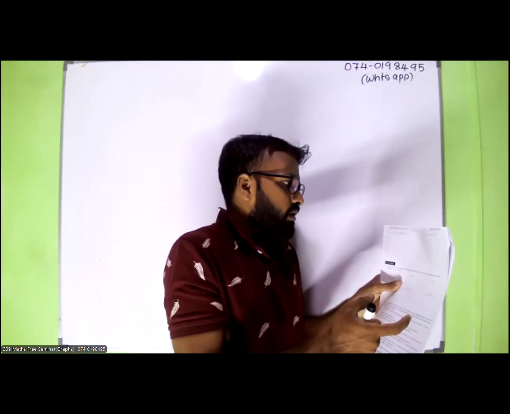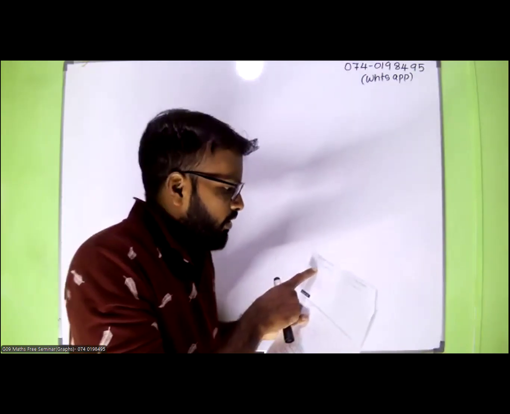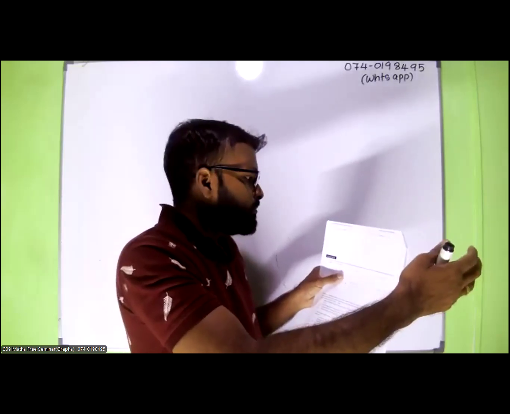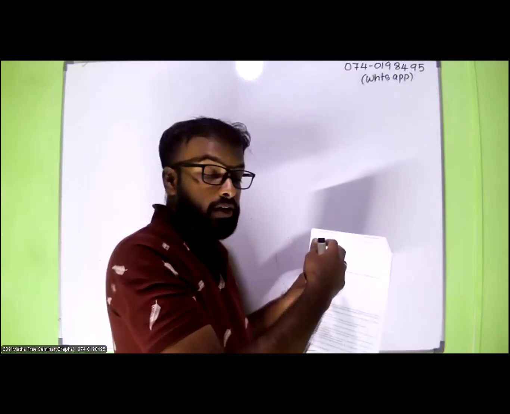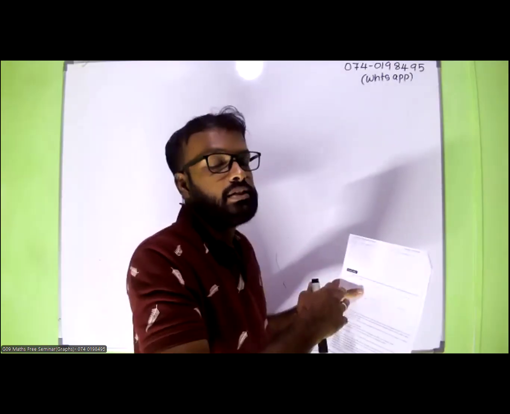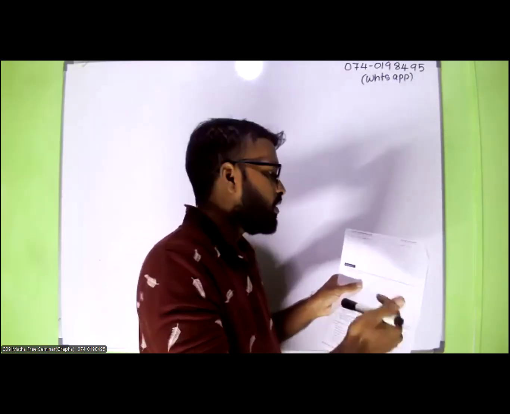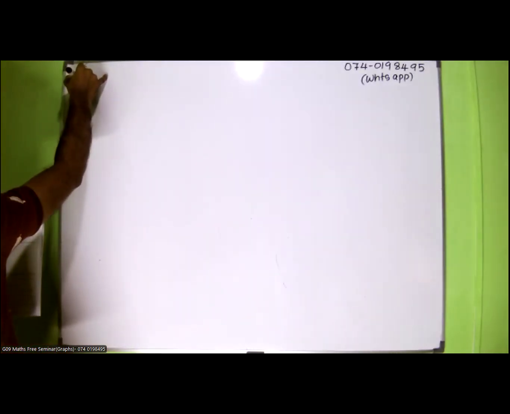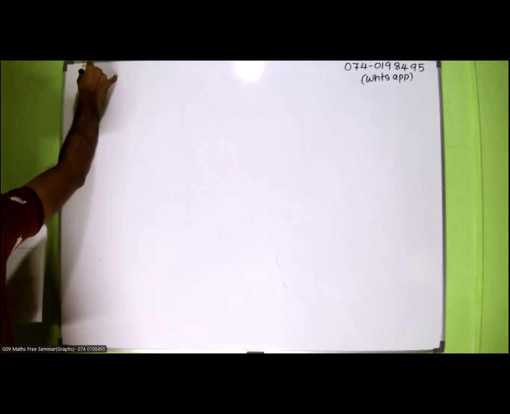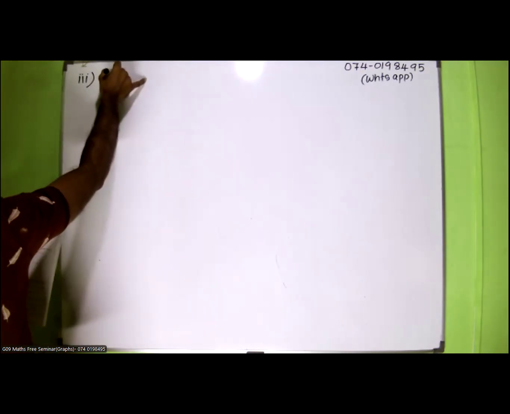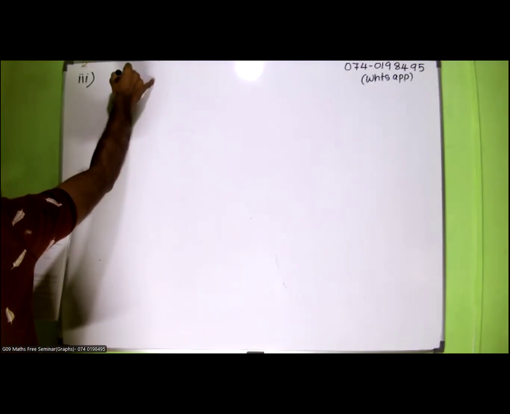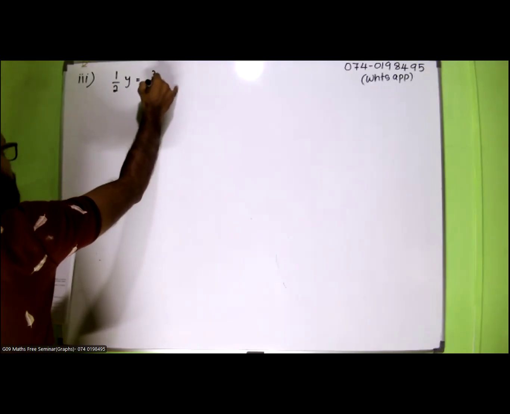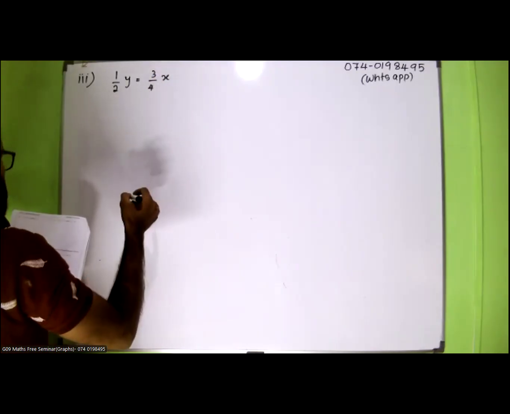First of all, you need to take all the terms to your left hand side, so you can build the LHS. The way that you are going to do it, third one: you have this function y equals 3 upon 4 x.